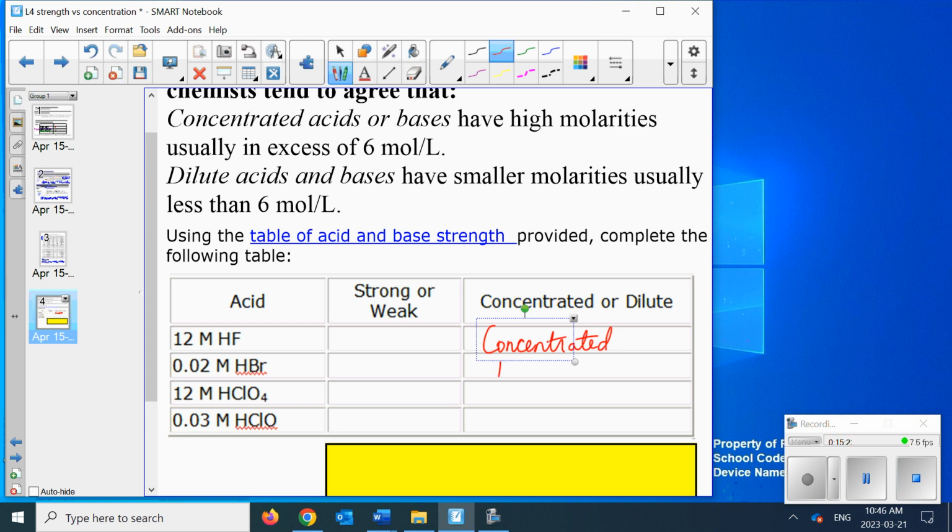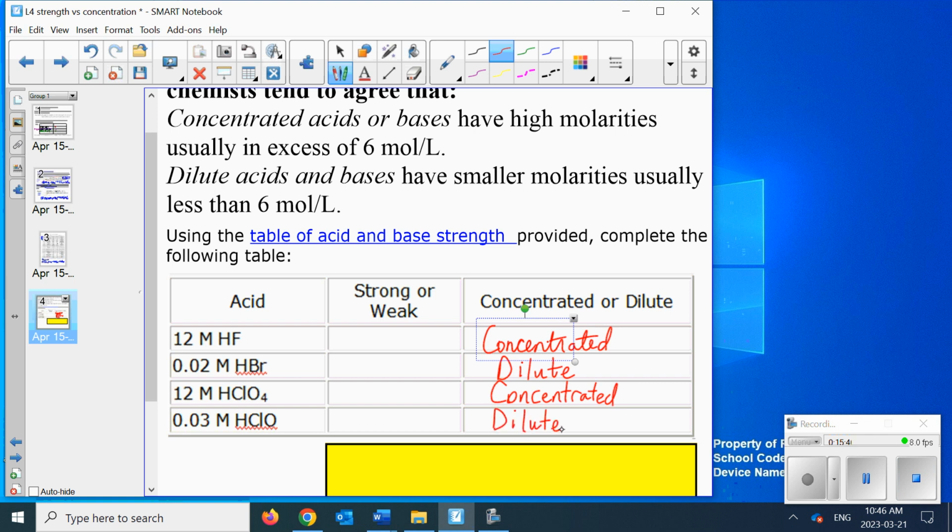Dilute. Still is dangerous. 12 molar HClO4, concentrated. And 0.3. Okay, dilute.